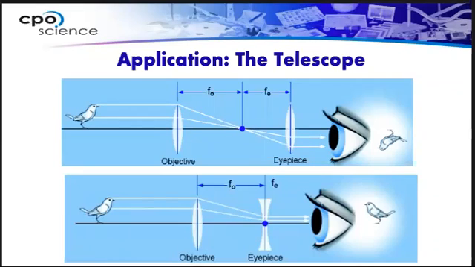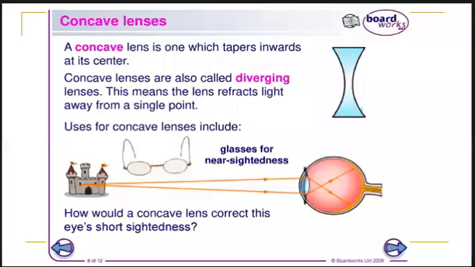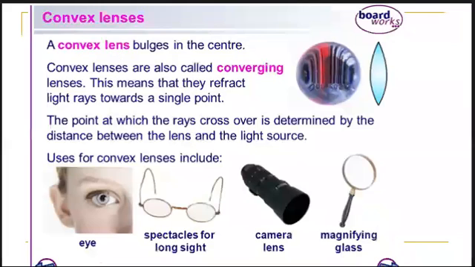It's made up of these two lenses. Concave lenses are also called diverging lenses, while convex lenses, which bulge in the center, are also known as converging lenses.